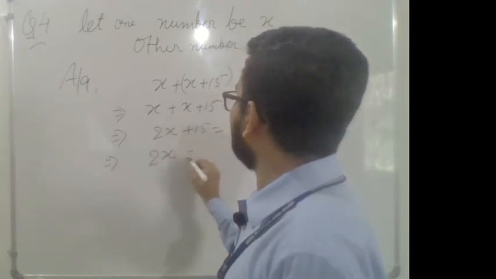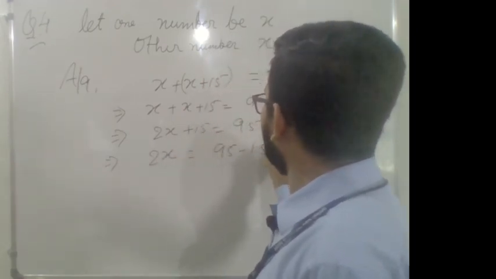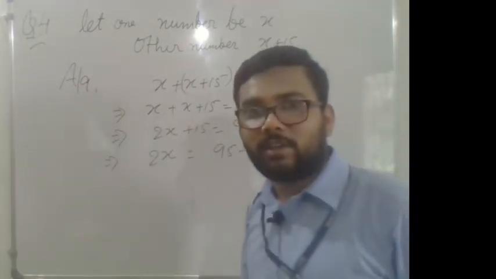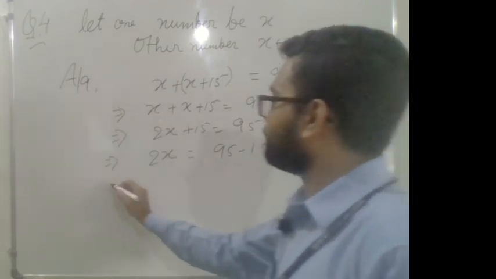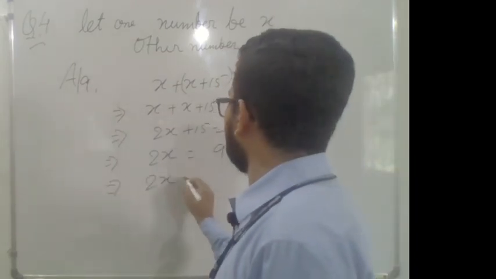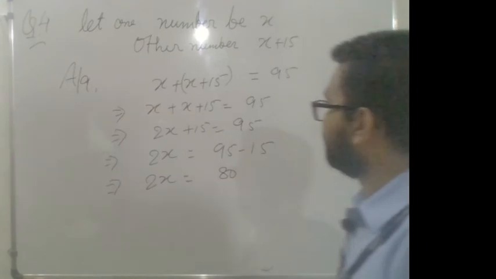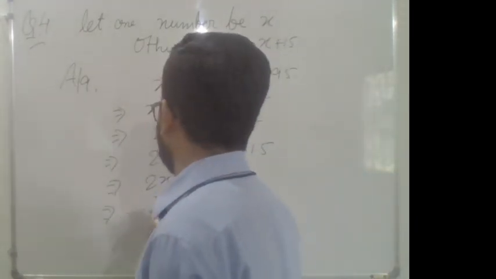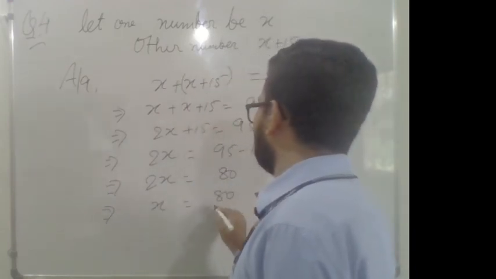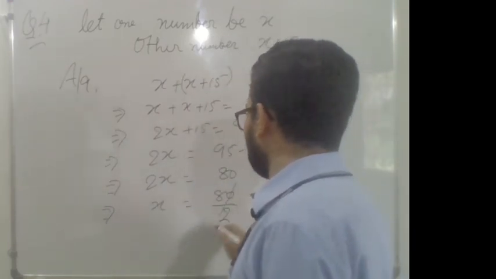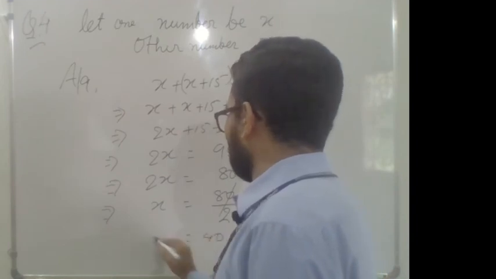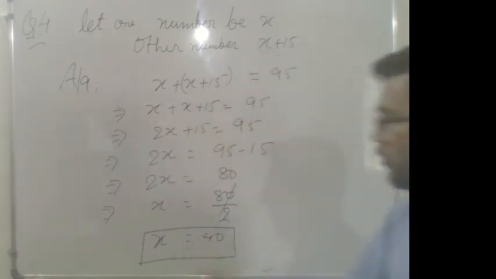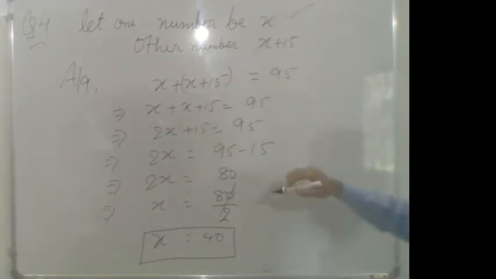Transpose the constant term: plus 15 will be transposed to the RHS and become minus 15. 2x is equal to 80. x is equal to 80 by 2. You will get x is equal to 40. So one number is 40.